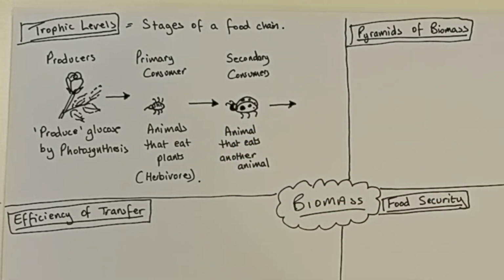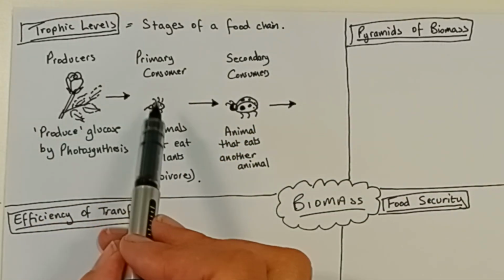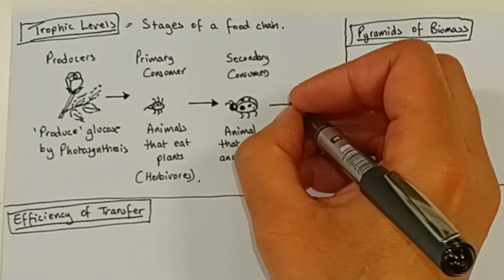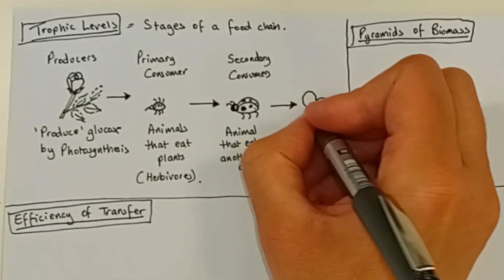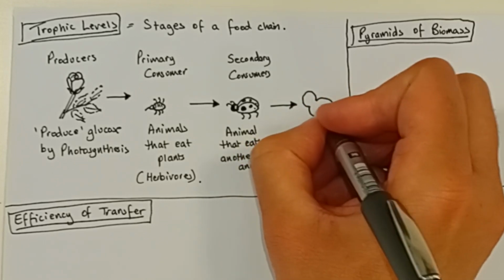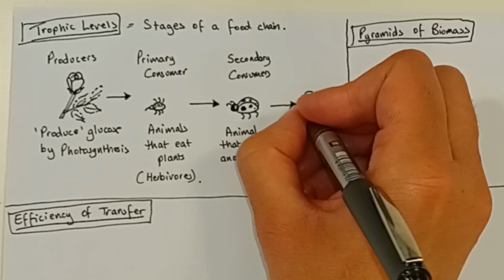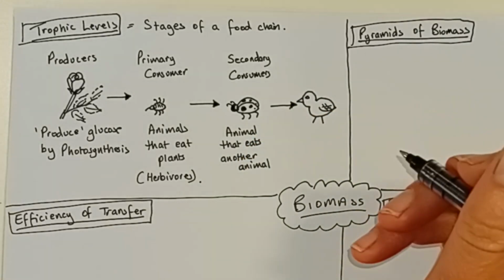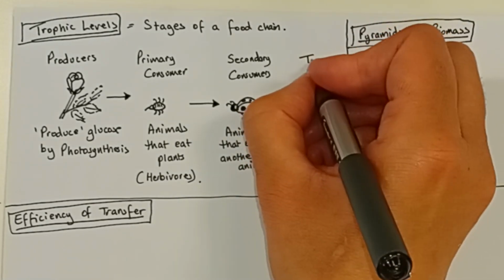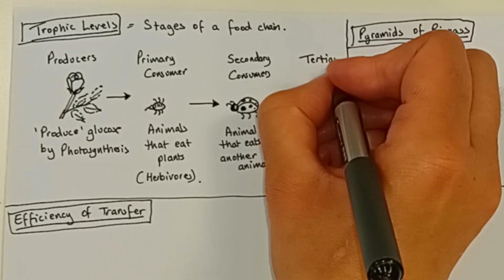And then my food chain has only got 4 trophic levels. My top one is going to be a bird. This will be called a tertiary consumer.